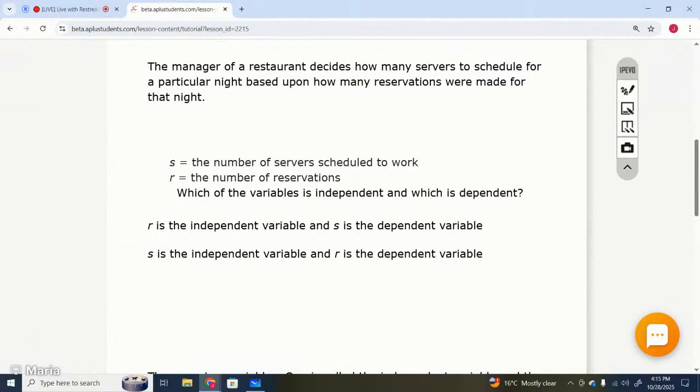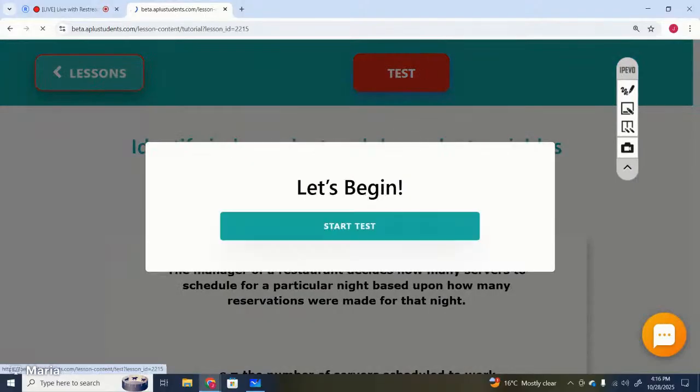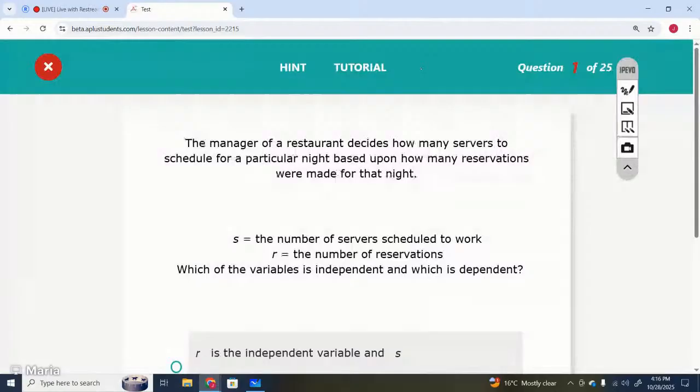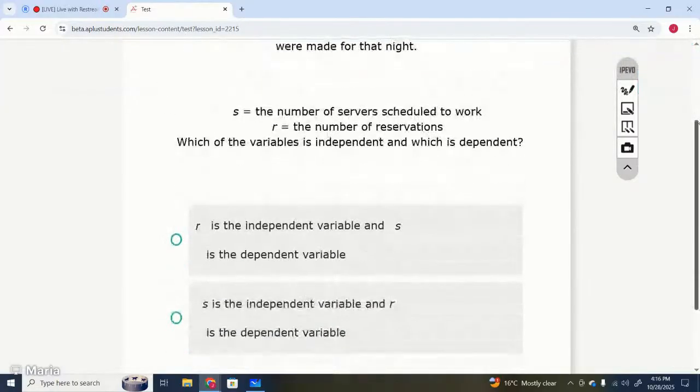Okay, let's just start with the test questions. The manager of a restaurant decides how many servers to schedule for a particular night based upon how many reservations were made for that night.